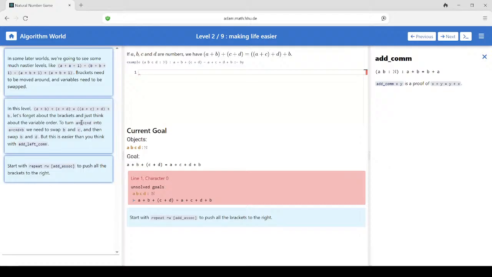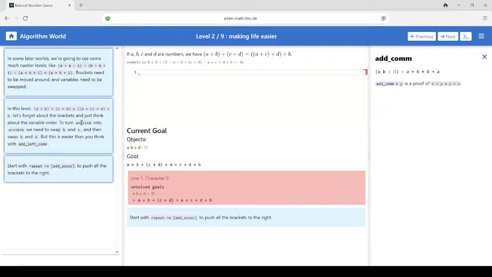In some later worlds, we're going to see some much nastier levels, like a plus 1 plus b plus 1 equals a plus b plus 1 plus a plus b plus 1. Brackets need to be moved around, and variables need to be swapped. In this level, a plus b plus c plus d equals a plus c plus d plus b.